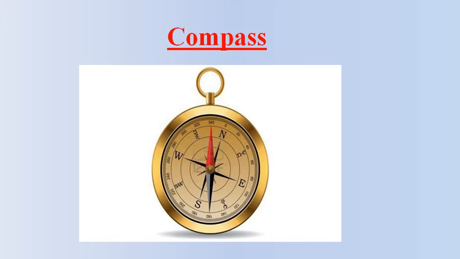Usually a diagram called a compass rose shows the directions north, south, east and west.